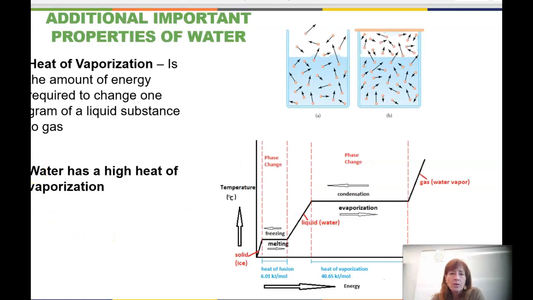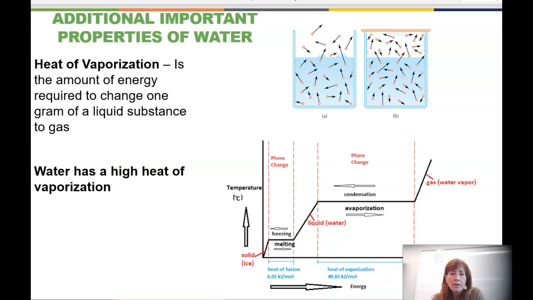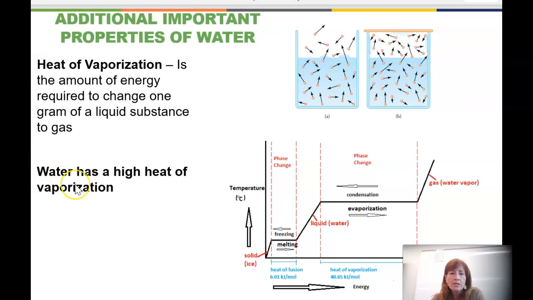Another property of water, I'm going to move this over just a little bit, there we go, is the heat of vaporization. Now we're talking again about the amount of energy that water can absorb, but we're looking at it in terms of its ability to change from a liquid to a gaseous state. Individual water molecules keep breaking and reforming these hydrogen bonds.